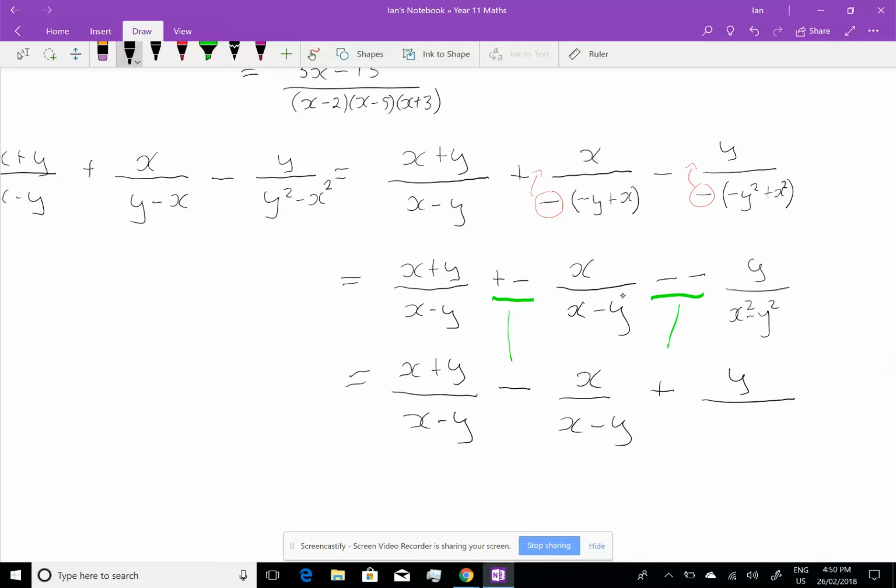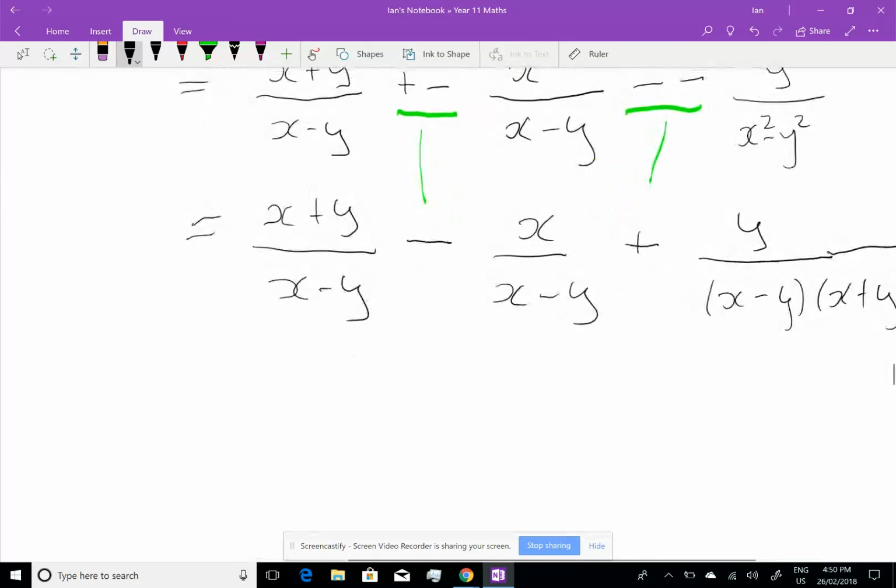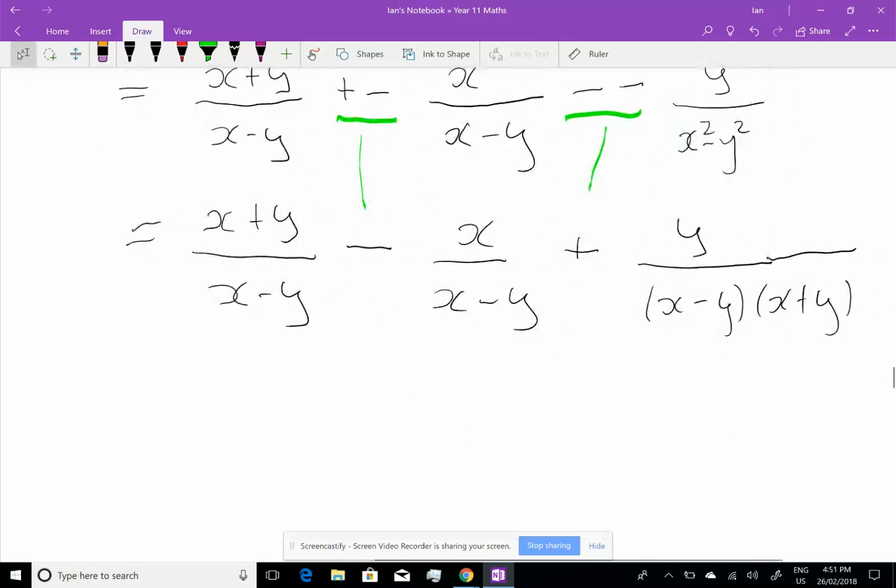And now I'm going to factorise the bottom. I get x minus y, x plus y. Which means all I have to do to these two to get a common denominator, I'm just going to get rid of that minus sign and make it smaller. I'm going to get rid of this plus sign and make it smaller.